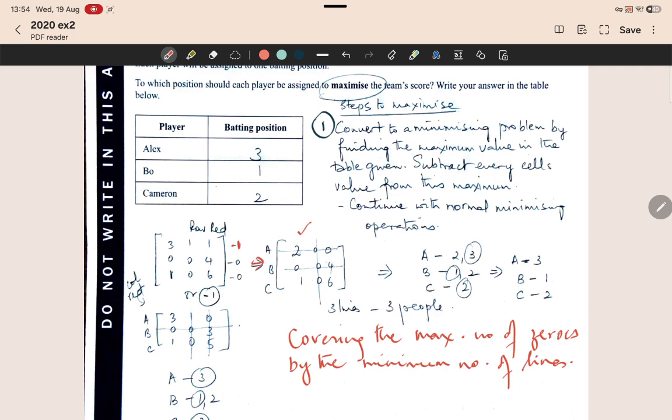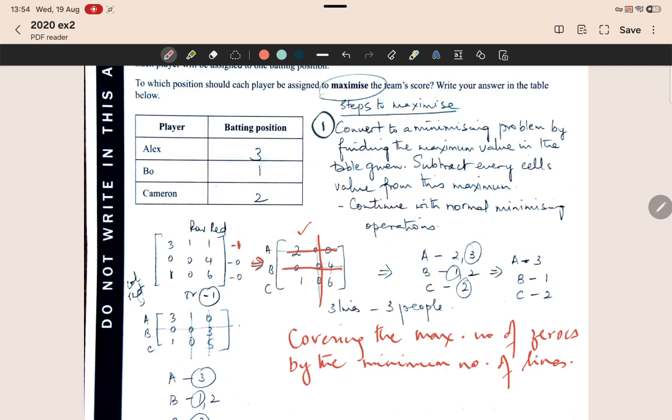There are many ways you can cover, but usually we try to get some horizontal lines and some vertical lines. Now the first thing I saw was that there were 3 zeros in this particular column, so you cover it with a line. And then looking at the zeros that were left, there was 1 in the first row, there was 1 in the second row, and so I covered that.